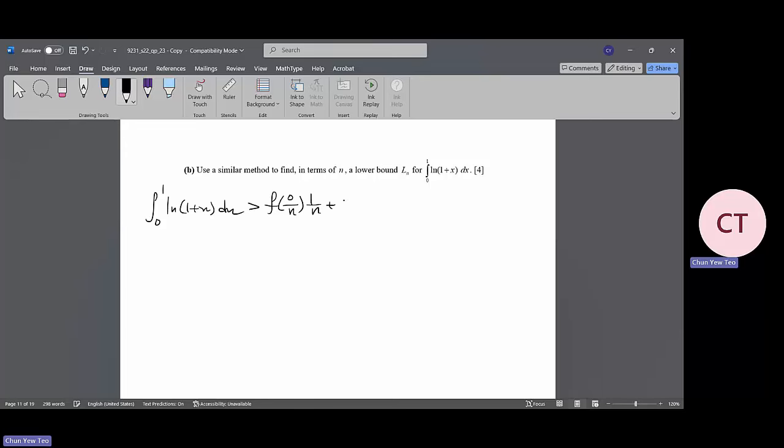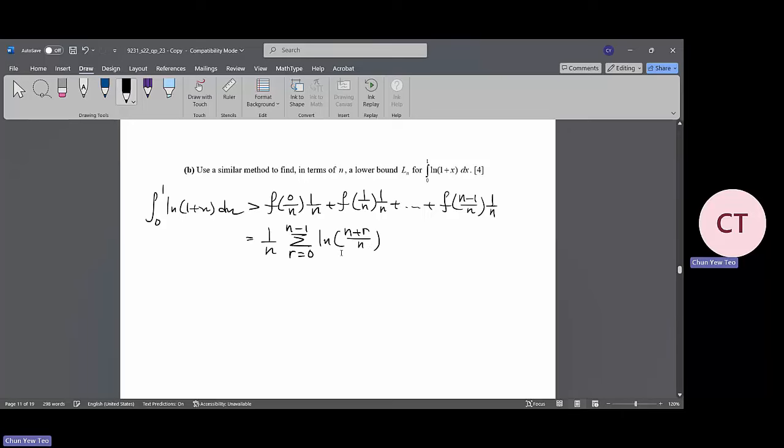You will be starting from f(0/n), f(1/n), plus until f((n - 1)/n), multiplied by 1/n. Factorize this one out. We can do it faster because we have gone through part A, so we can straight away write the result.